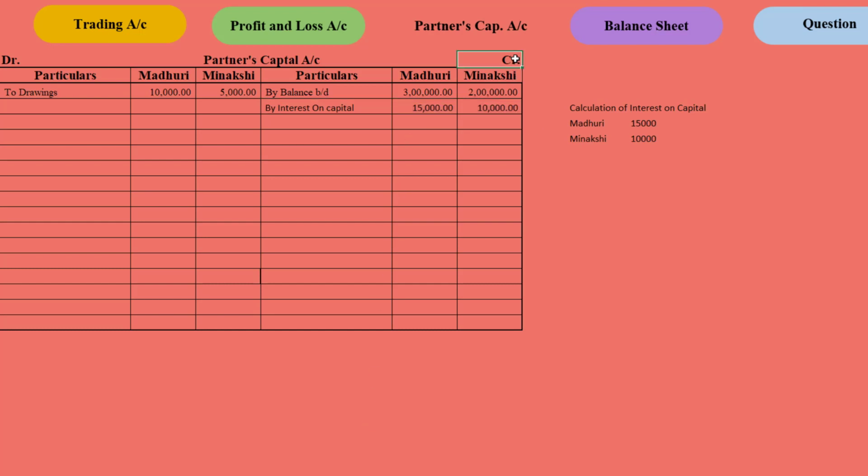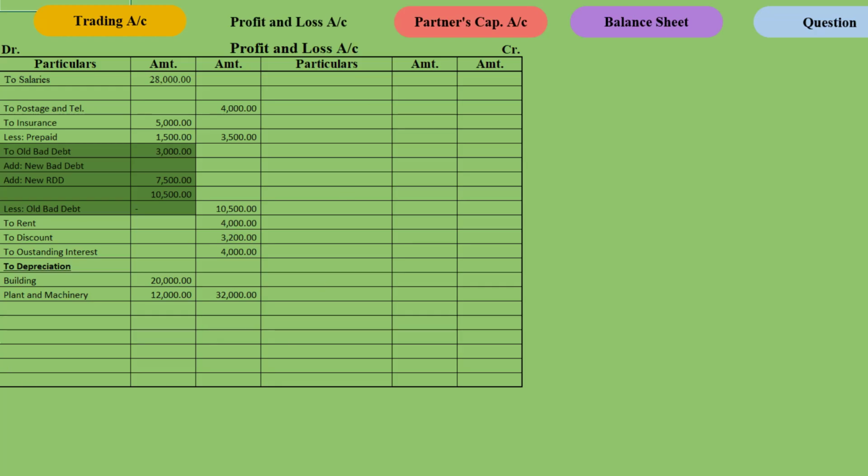And here it is in credit side, then it will go to the debit side of profit loss account. Here we will be writing interest on capital, Madhuri 15,000 and Meenakshi 10,000 equals to 25,000.